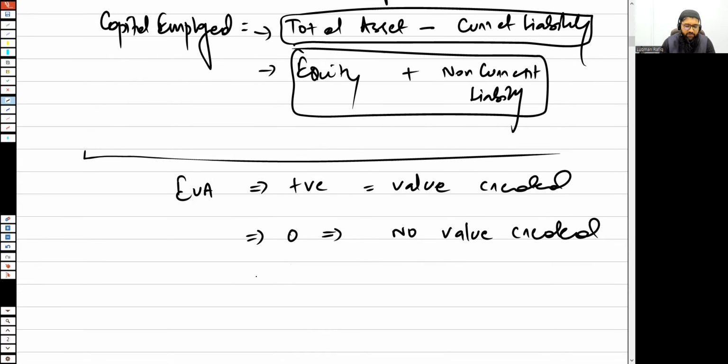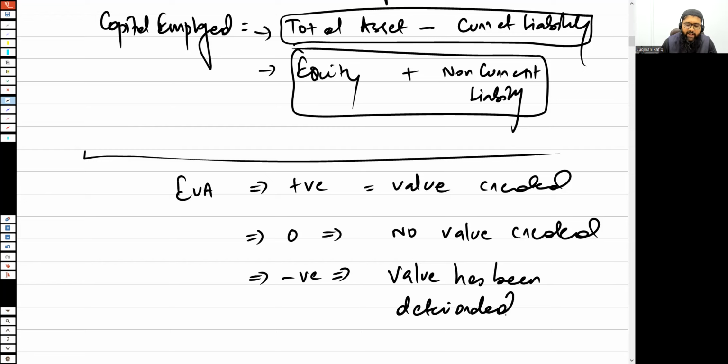And if the EVA is negative, this actually means that the value has been deteriorated. A negative EVA would mean that value has been deteriorated.